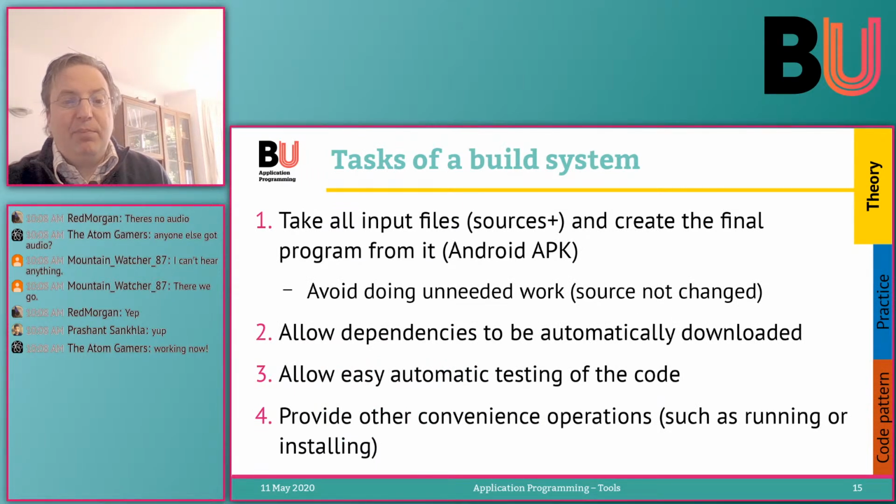And one of the key parts of that is a build system like Gradle, which takes all the input source, that is your sources, but also other things like images and those XML files and various other things, and it creates the final program. In Android's case, that would be an APK file. There's a lot of things that need to happen to make that work, but the rules for making that work are actually the same for all Android applications.